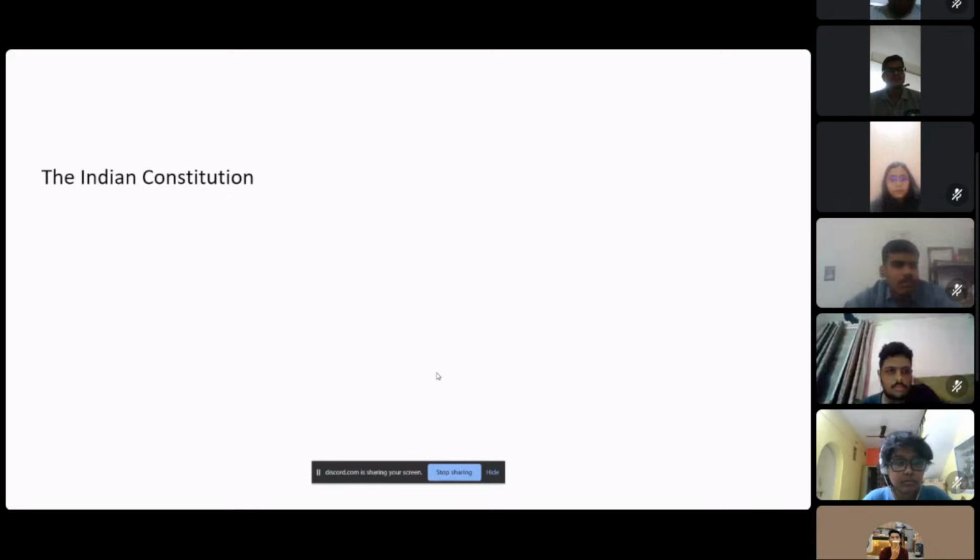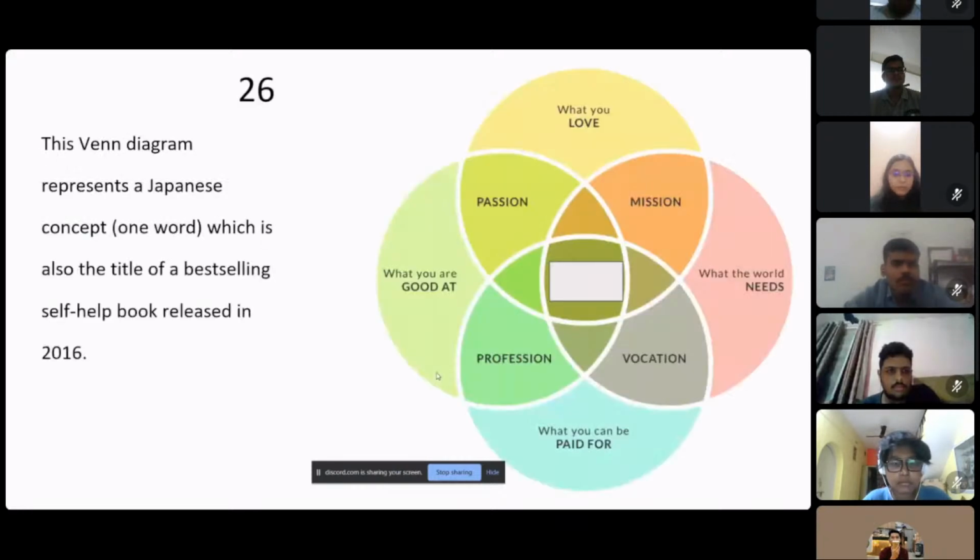So the next question is direct to P6 or P7. The Venn diagram represents a Japanese concept, which is also the title of a best-selling self-help book released in 2016. So we need the name of the book. It's a very famous self-help book.